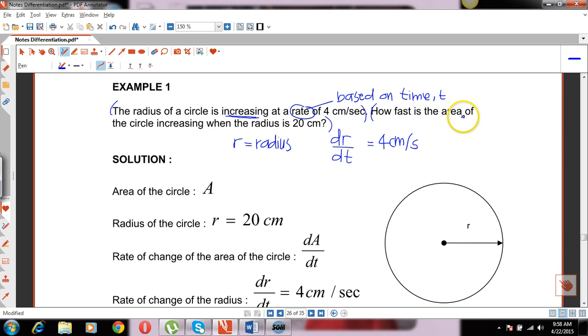That means the area of the circle is increasing, so this is dA over dt. So we assign A as the area of the circle.